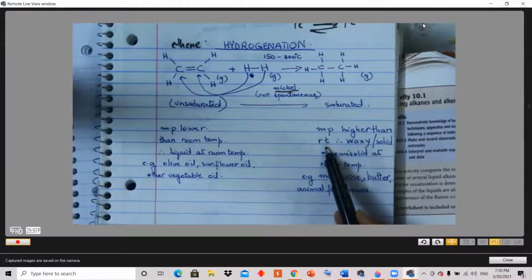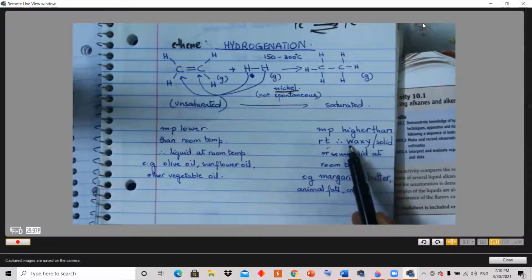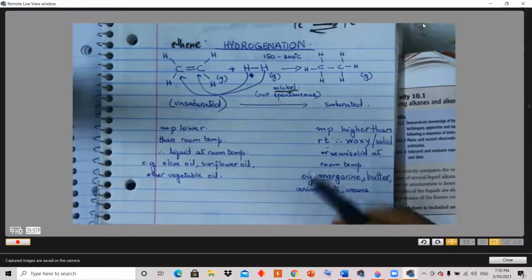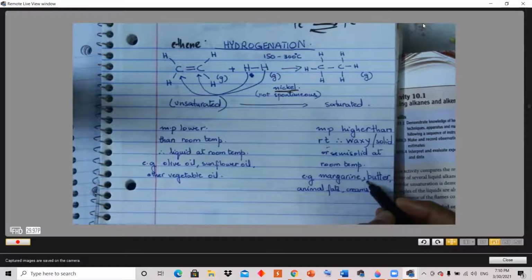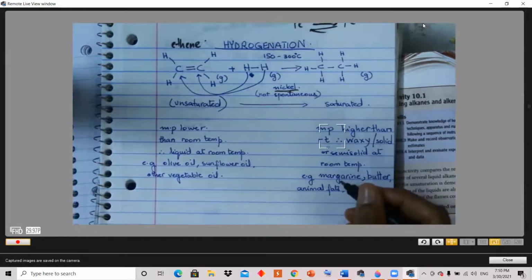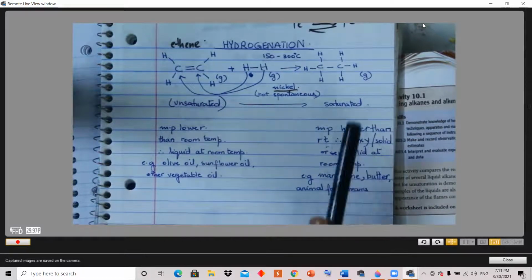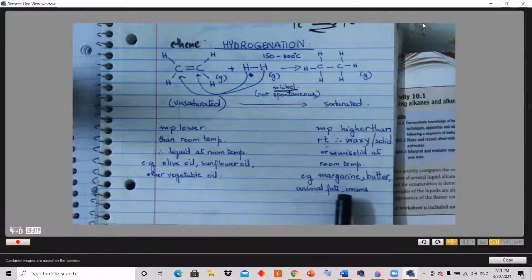That means at room temperature they are in the solid or at least a waxy, semi-solid state, meaning the consistency of butter, cream, margarine. They are saturated, and so their melting points are higher than room temperature. Therefore, they are solid at room temperature.